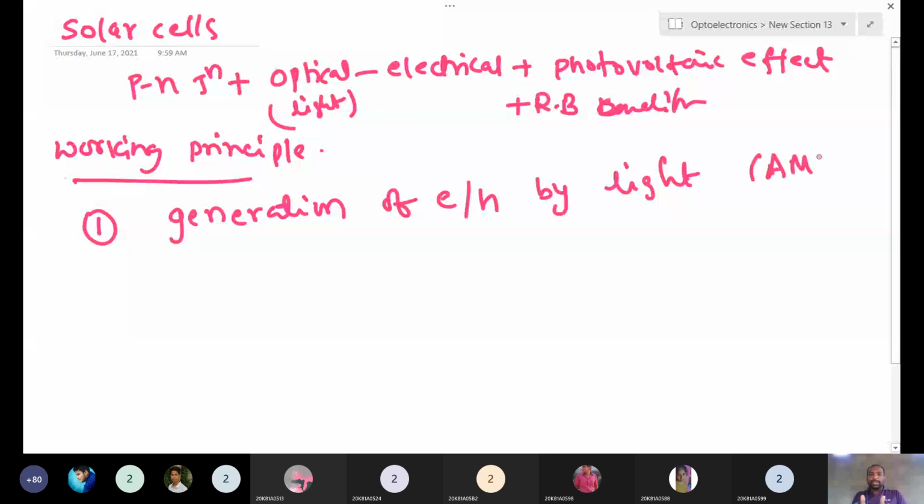The final step is to collect them: electrons go in one direction and holes go opposite, because they have opposite polarity, and we collect them using metal contacts. This is the simple definition and working principle of a solar cell.